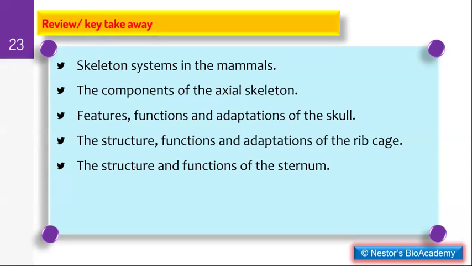What are the roles of the skull? What are the various adaptations? What are the features, the orbits, the occipital condyles, the sutures, the structure, the functions and adaptations of the rib cage? What are the roles that the rib cage plays in mammals? And particularly the structure of the rib and its adaptations is also very important. And of course, finally, the structure and the functions of the sternum.